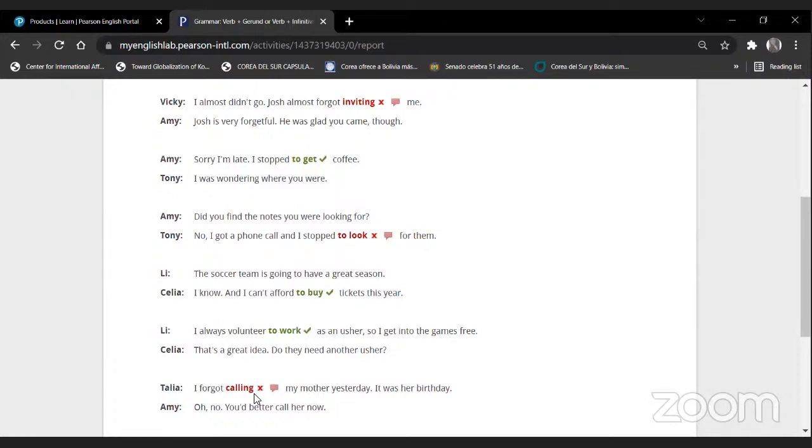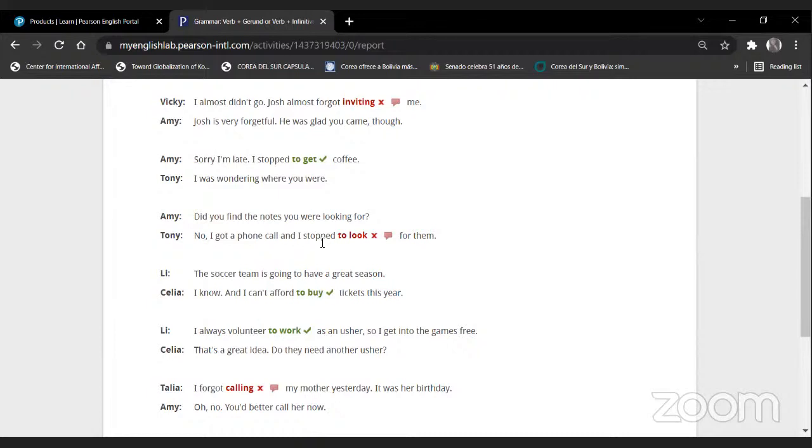Okay. Yes, and the other, in that part, stopped, right? In this case it wasn't in the structure, but we're going to see in the next unit that there are 8 or 10 verbs that can work with infinitive or gerund. What is the difference?